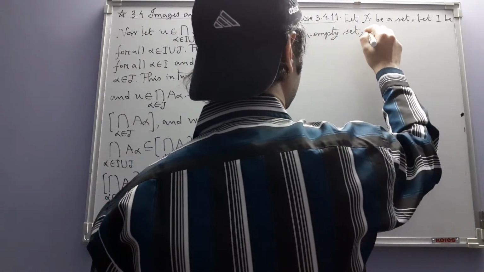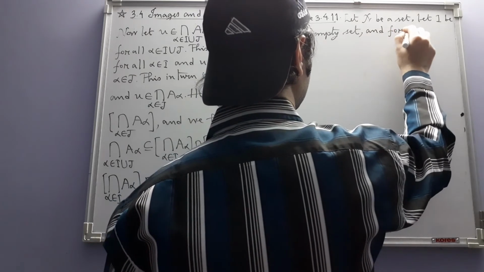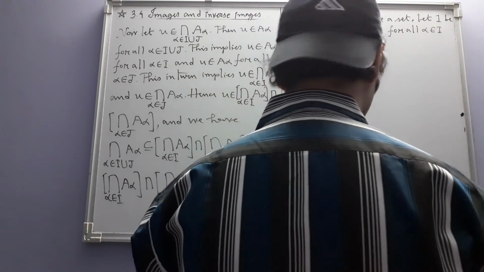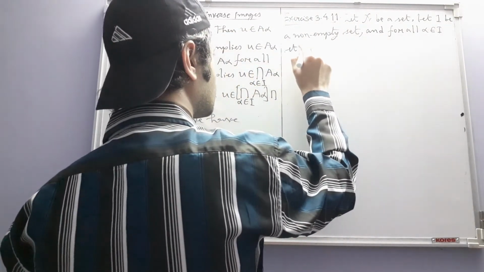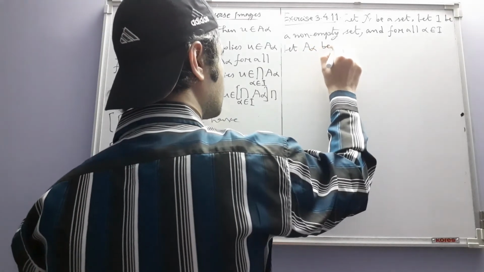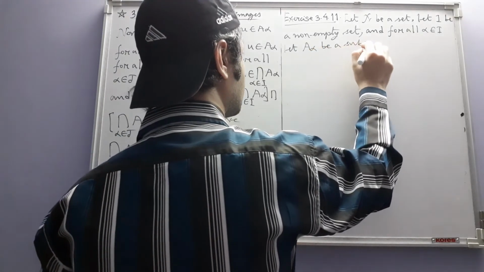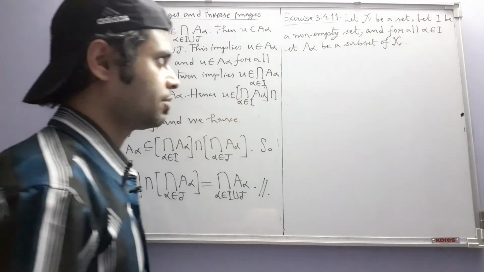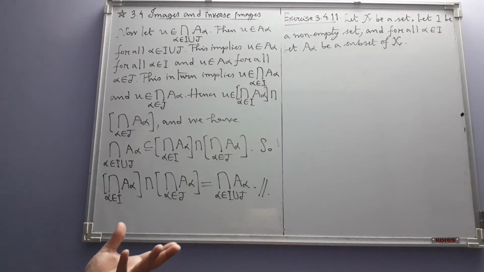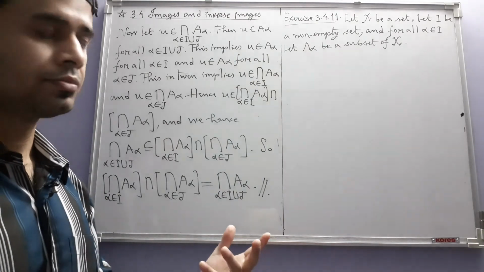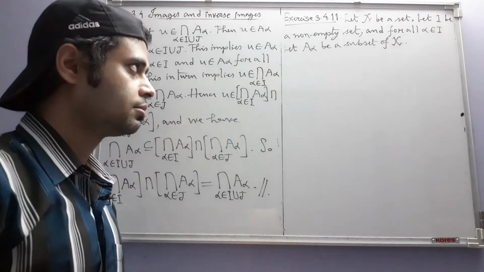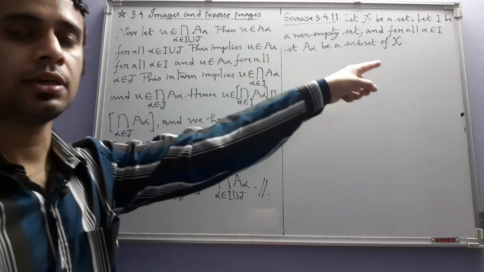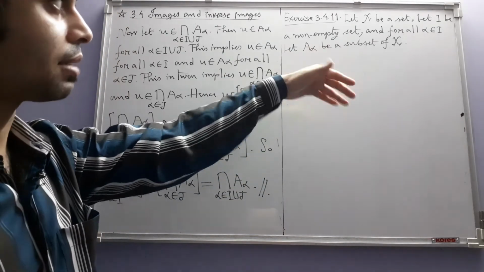And for all alpha belonging to I, let A alpha be a subset of X. That means now we have a family A alpha which form a subset of the power set of X, because each A alpha is a subset of X, an indexed family of subsets of X.